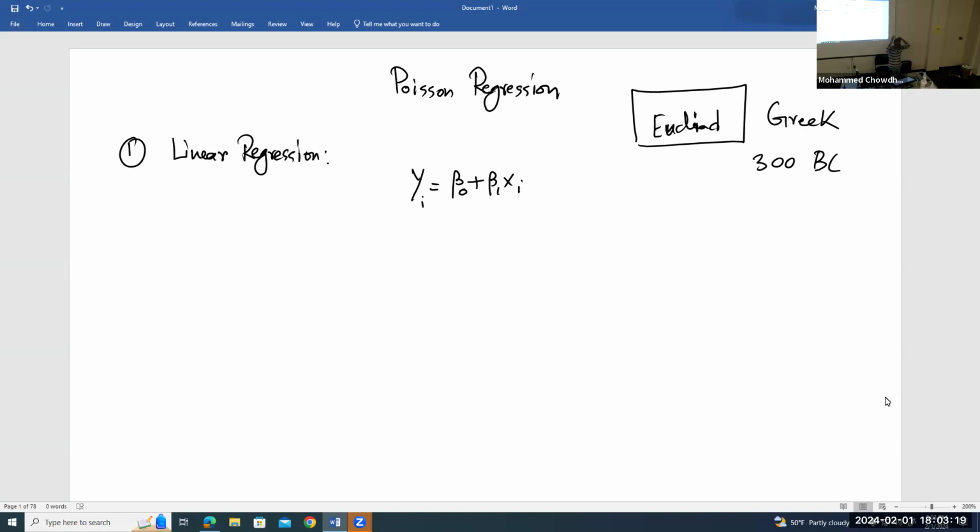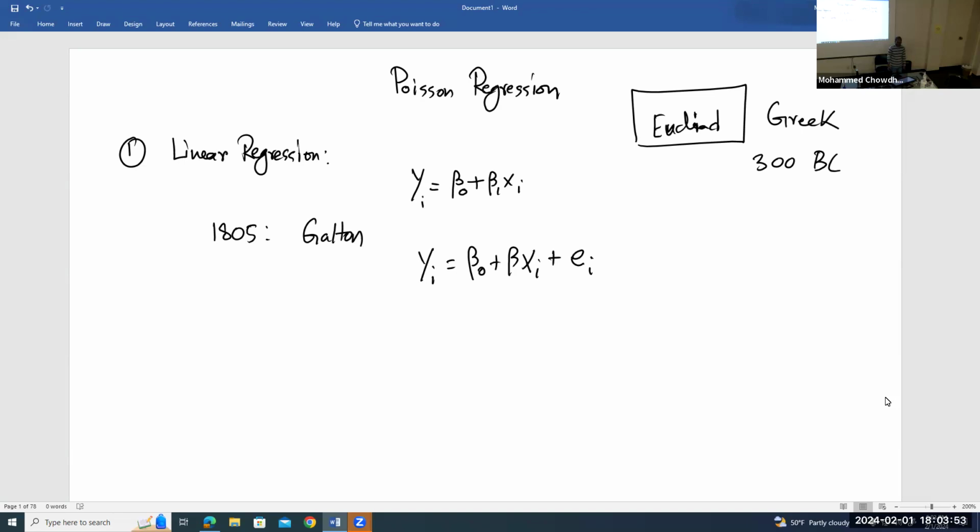This was developed more than 2000 years ago. In 1805, Galton added an error term to this equation, and he called it a model.